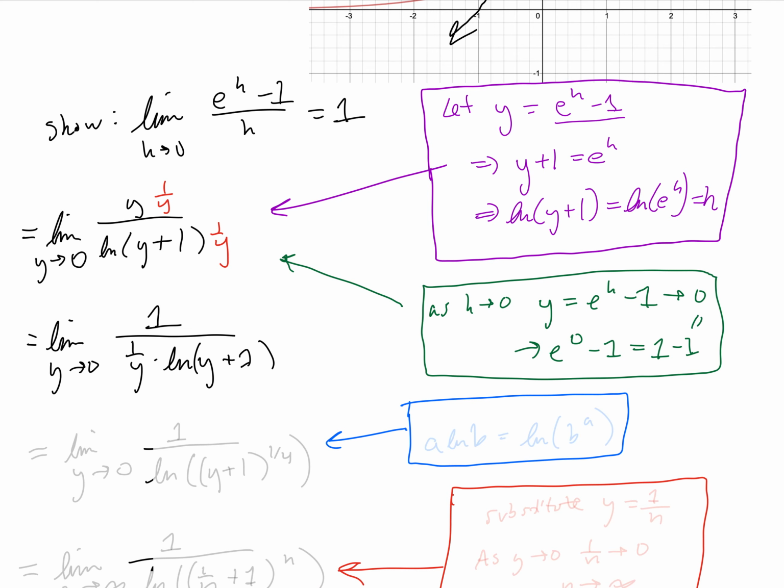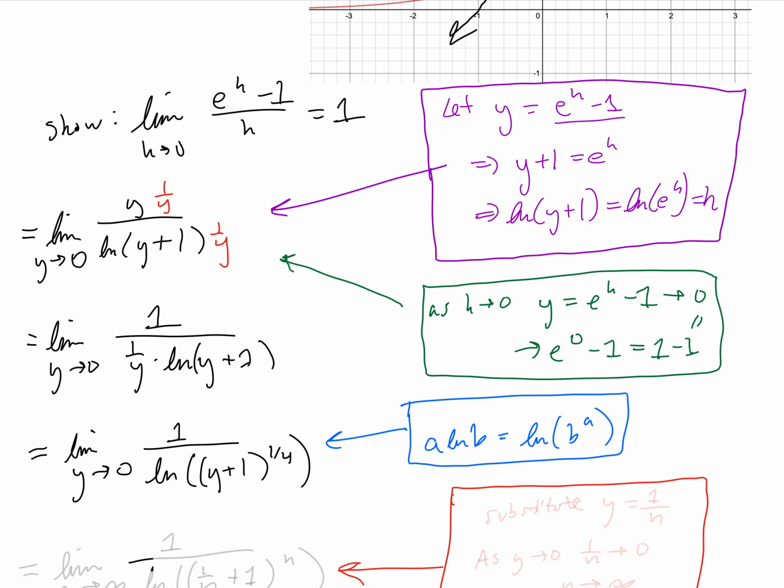In general, a times the natural log of b is equal to the natural log of b to the a. That is a property that's true for all logarithms of any base. And so this is equal to the limit as y goes to 0 of 1 over the natural log of (y + 1) to the 1/y power.